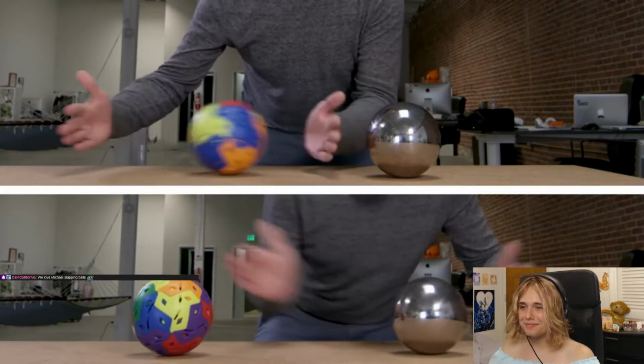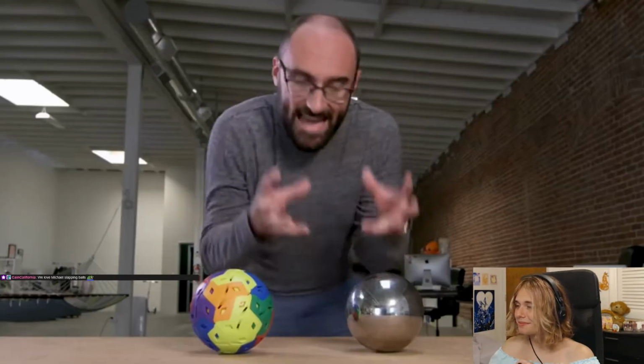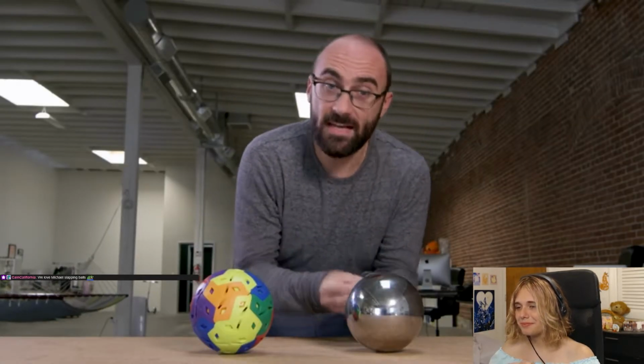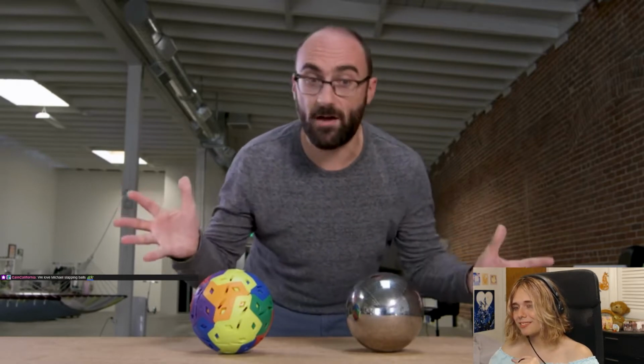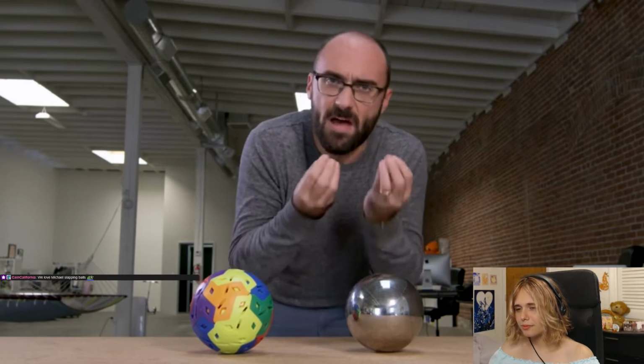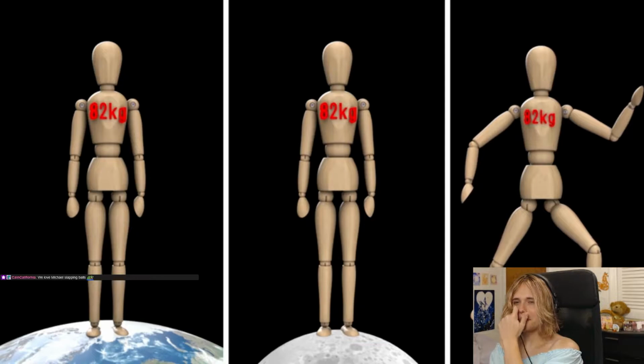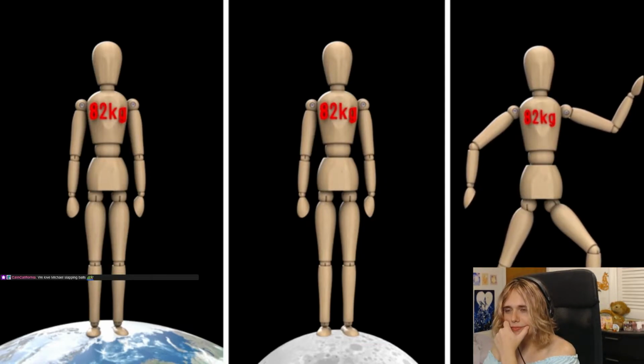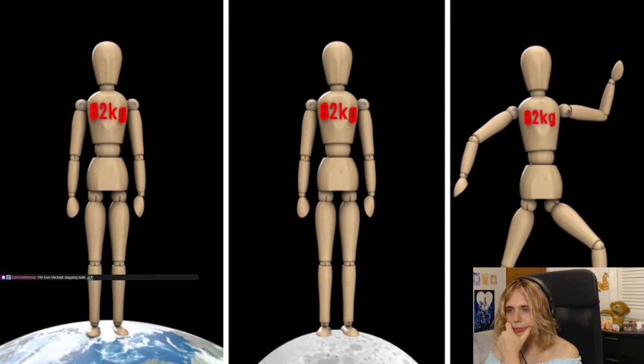The difference is mass. The steel ball is more massive. It's more resistant to having its motion changed. Mass is an intrinsic property. It does not depend on what's around or change from place to place. It can sometimes be thought of as the amount of matter something has. Your mass is the same regardless of where you are, on the moon, on Earth, in the middle of intergalactic space floating around.